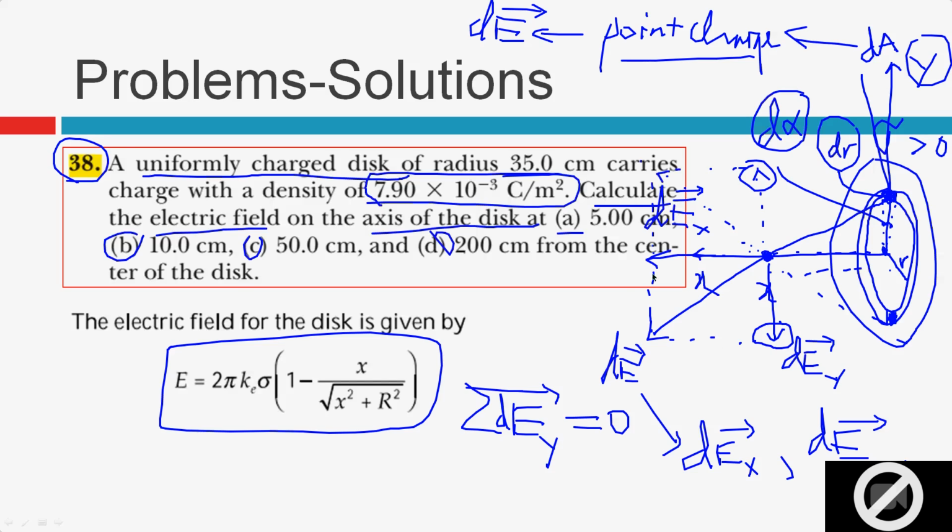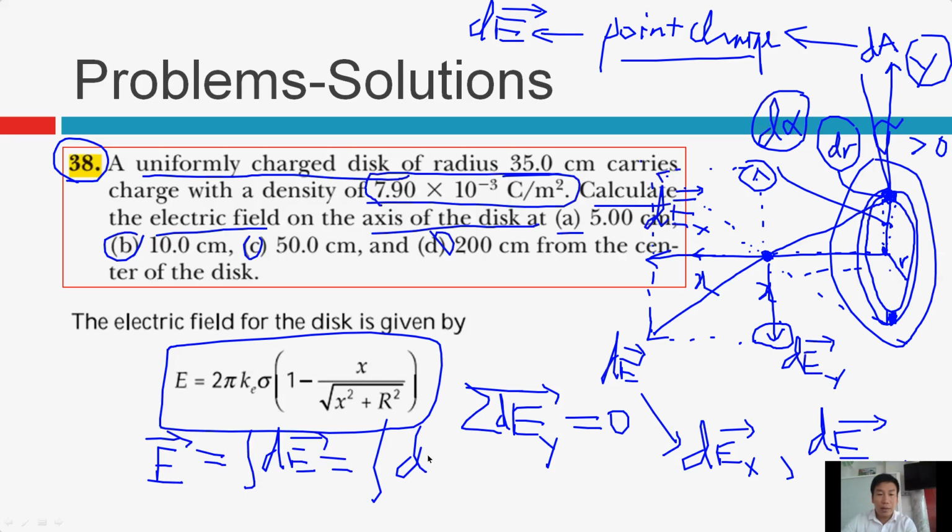And what happened with the electric field in the x direction? For the electric field in the x direction, it has the same direction, although you move dA around the ring. Right? So this means that you have E equal integrate dE.